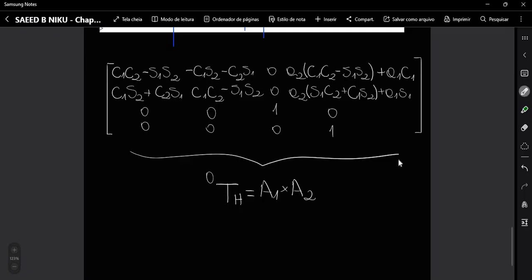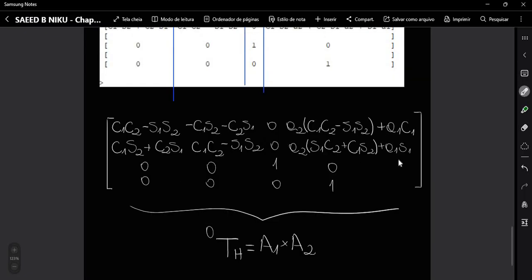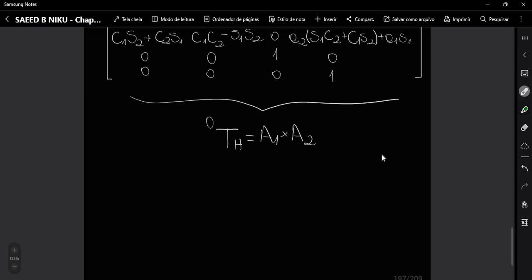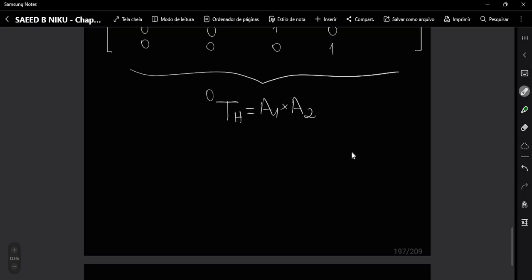And now something that the book uses is a simplification. It uses the trigonometric identity of sum of angles. So something that we need to recall is the sum of angles. And let me write this right here.